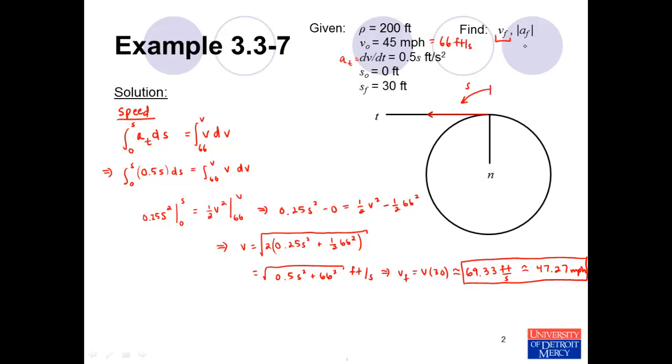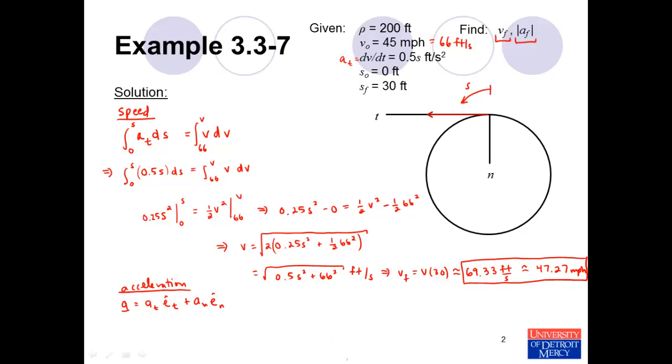The second thing that we're asked for is the magnitude of the acceleration at s equals 30 feet. So we'll go ahead and solve for that part of the problem. Again, we're using NT coordinates, so we can express the acceleration in terms of its tangential component and its normal component.